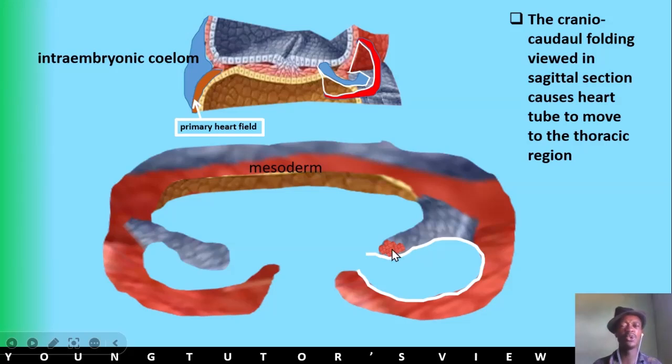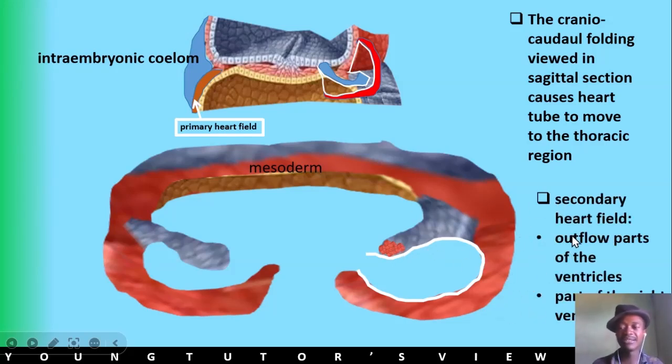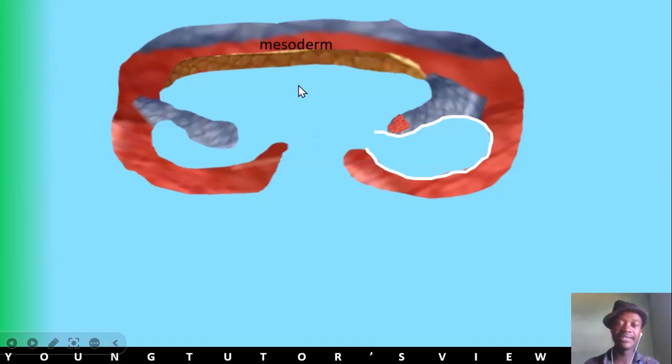They are just going to be responsible for the formation of the outflow parts, or the smooth parts, of the ventricles. They also form just some part of the right ventricle. So the secondary heart field doesn't do much, but it's going to contribute to the outflow parts of the ventricles and even some part of the right ventricle there. Okay, so let's bring this illustration close so that we see what is next.